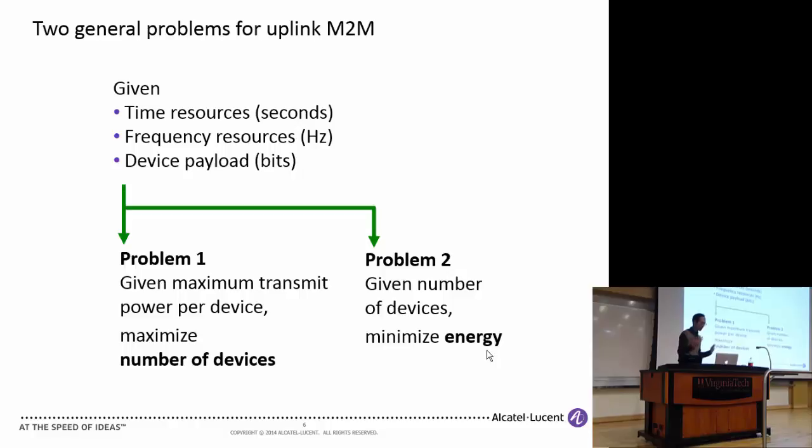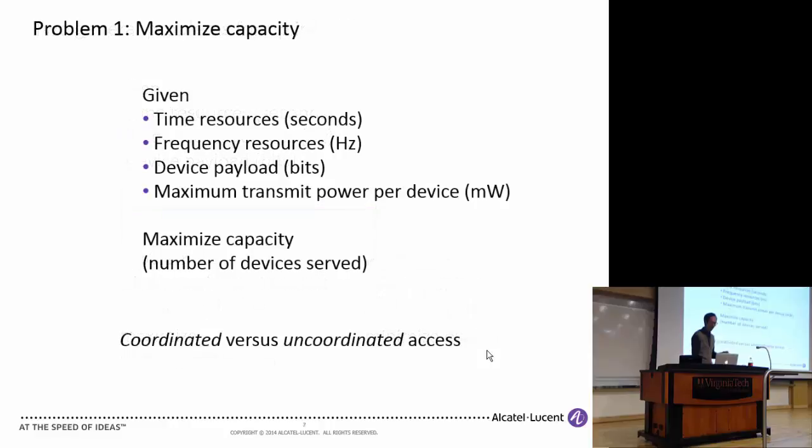Okay, so I'm going to talk a little bit about both of these problems, give you an overview of the solutions that we've come up with. There'll be some math. It'll be pretty high level, so hopefully it'll be understandable. So let's talk about problem 1 first.